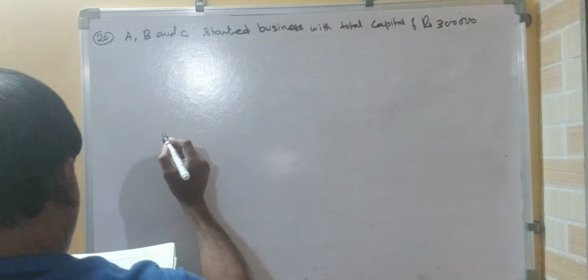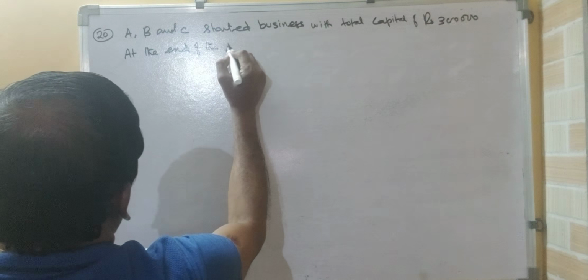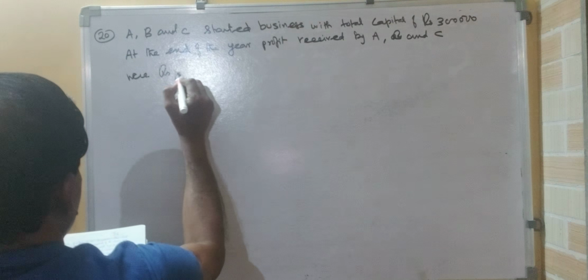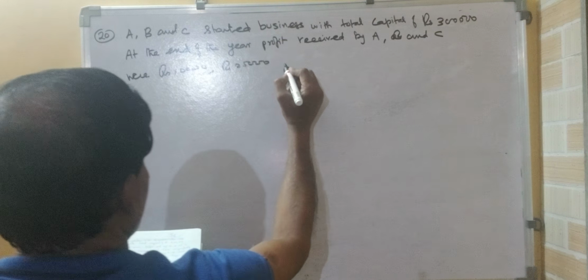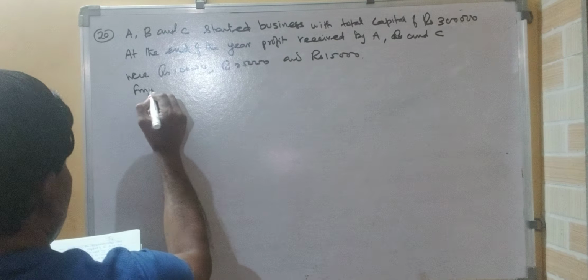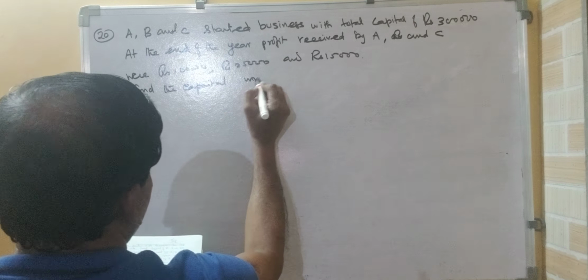At the end of the year, profit received by A, B and C were rupees 10,000, rupees 25,000 and rupees 15,000. Find the capital invested by A, B and C.